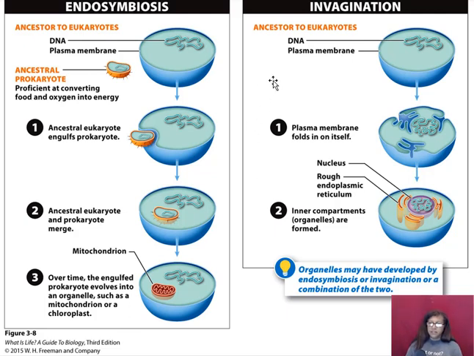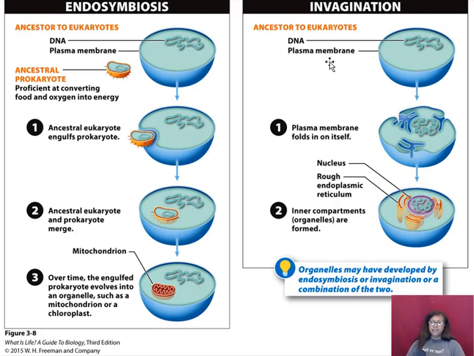The endosymbiosis theory goes on to explain some other organelles, which you will be learning about very soon in coming slides, that have sort of this folding nature to them. They look like pleated sheets, right?